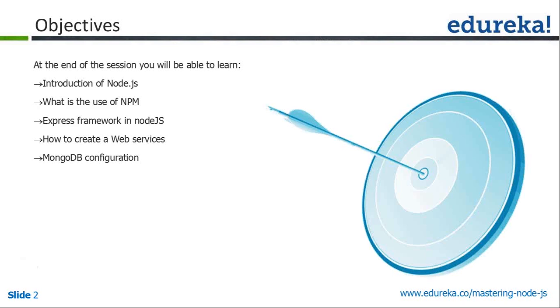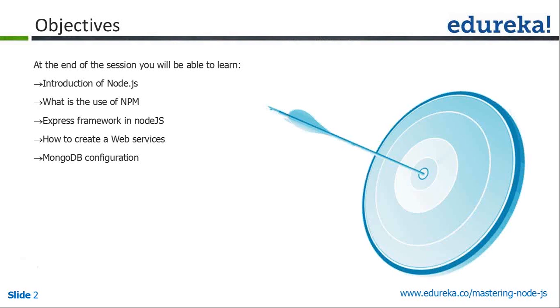So what is the objective of today's webinar? In this webinar, we will be discussing Node.js. What is Node.js, and why do we need to use Node.js over other traditional web applications like Java, .NET or PHP? And what is the use of NPM in Node.js?